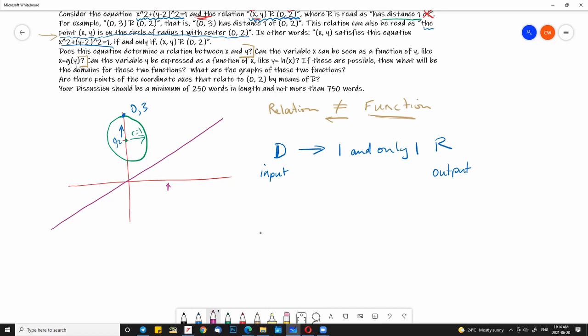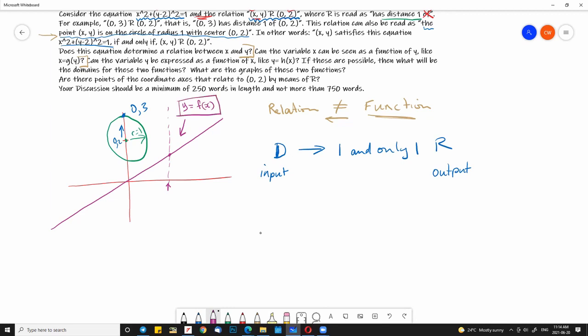Now, if I draw a vertical line somewhere, if the x values give only one y value, then it will touch the function once, right? So in this case here, we could say that y is a function of x, right?